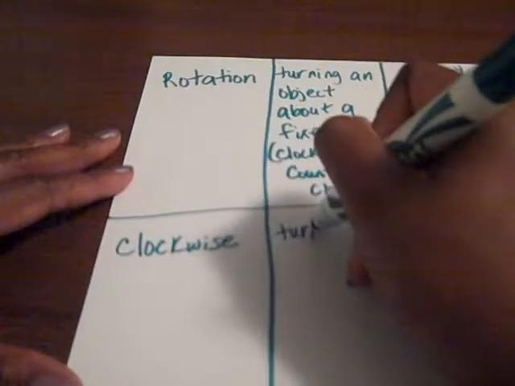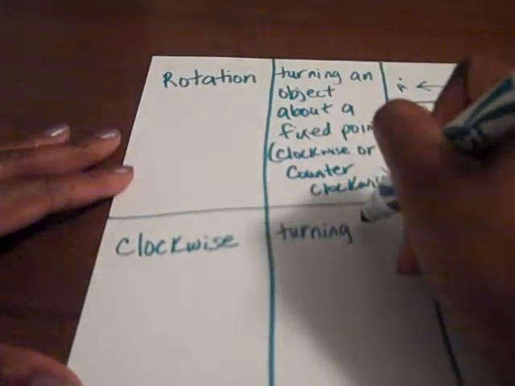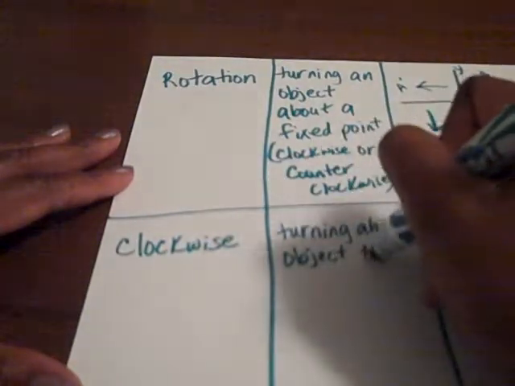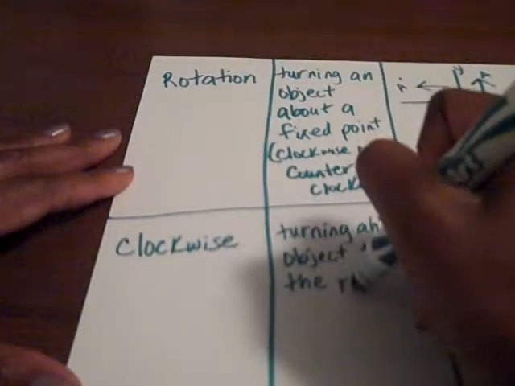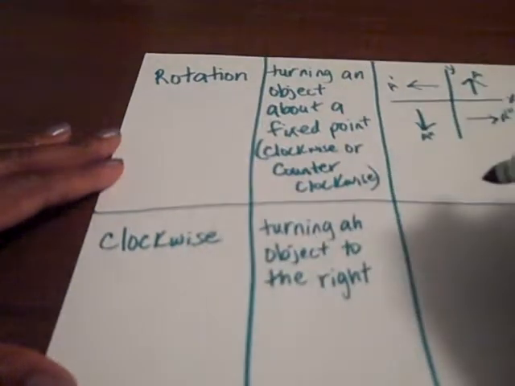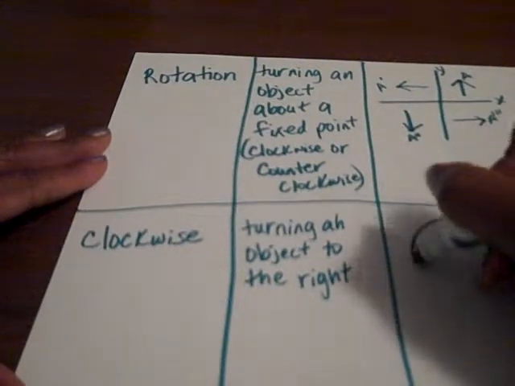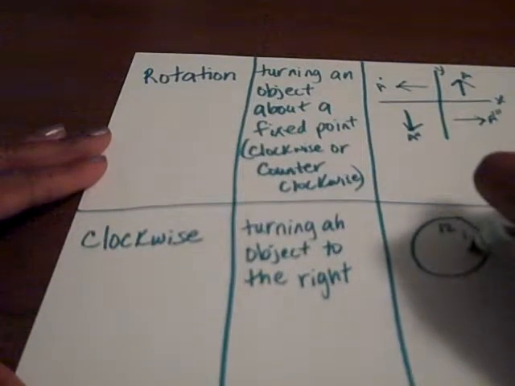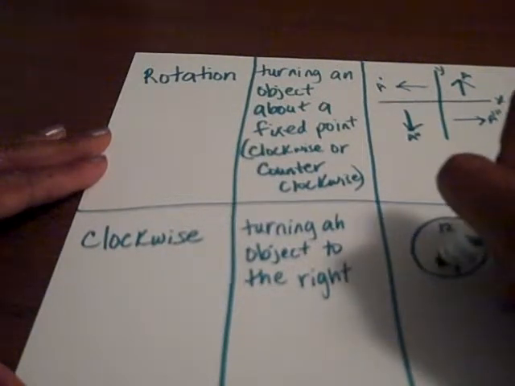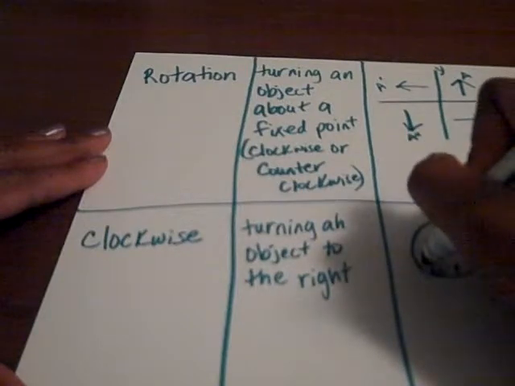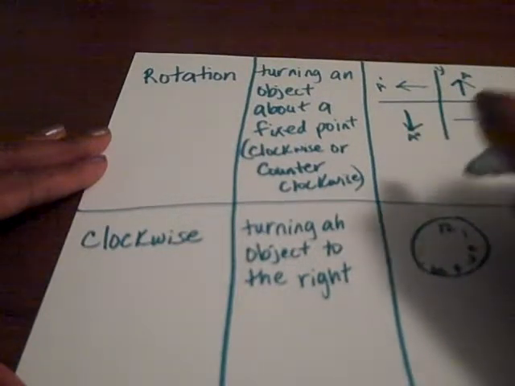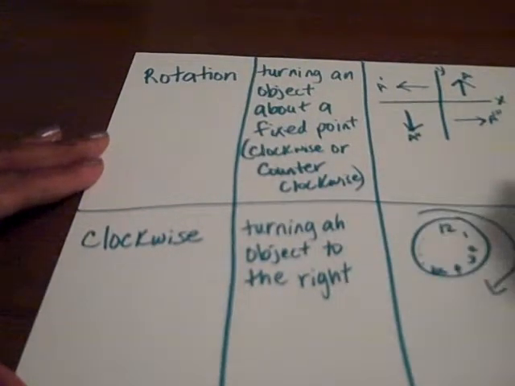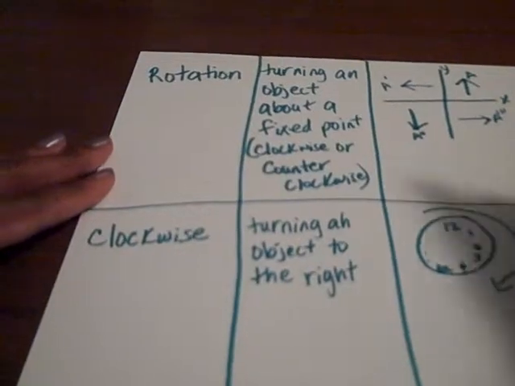So that means that we are turning an object to the right in the same direction that a hand on a clock would travel. So there's my clock. We start at 12, 1, 2, 3, 4, 5, 6, etc., all the way around to 12, which means that we are going in a right motion. As the clock turns, that will be clockwise.